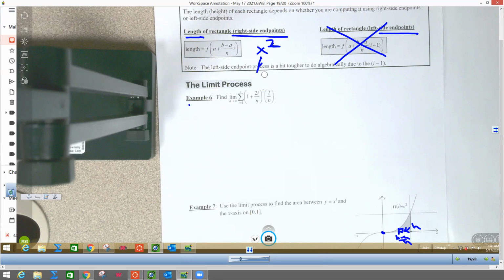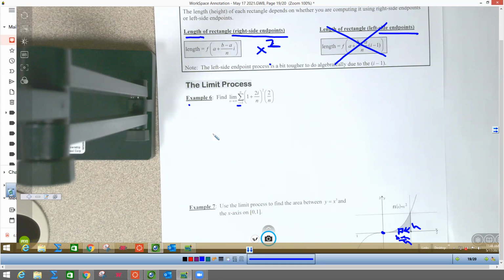So I'm supposed to take this and find the limit as n goes to infinity, which means an infinite amount of rectangles, of the summation with index i equals 1 to n of this function. Now since i is my index, everything that's not an i is a constant. So n is a constant in this problem.